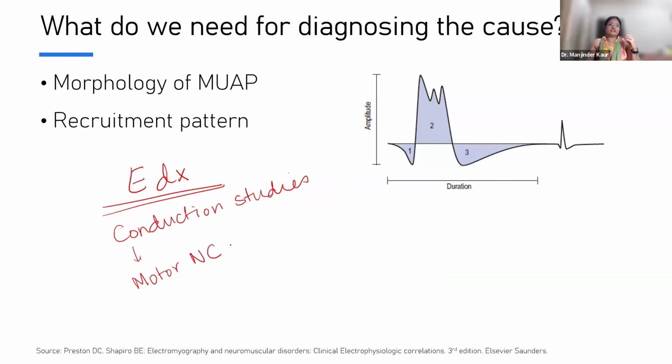Here, since we are talking about the neuromuscular aspect only, I am not currently dealing with SNAP, that is sensory nerve action potential, but definitely that can also be added to electrodiagnostic studies, because most of our nerves are mixed nerves. They have the motor as well as the sensory neurons. So we have the motor nerve conduction studies, the sensory nerve conduction studies, and then there is something called repetitive nerve stimulation.